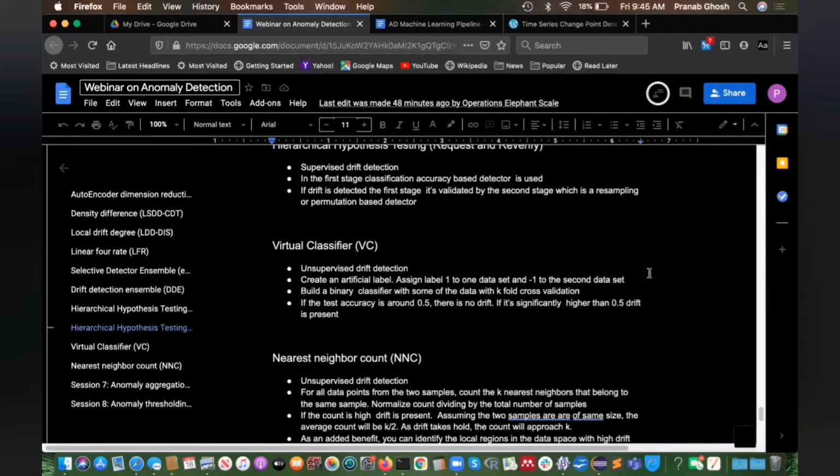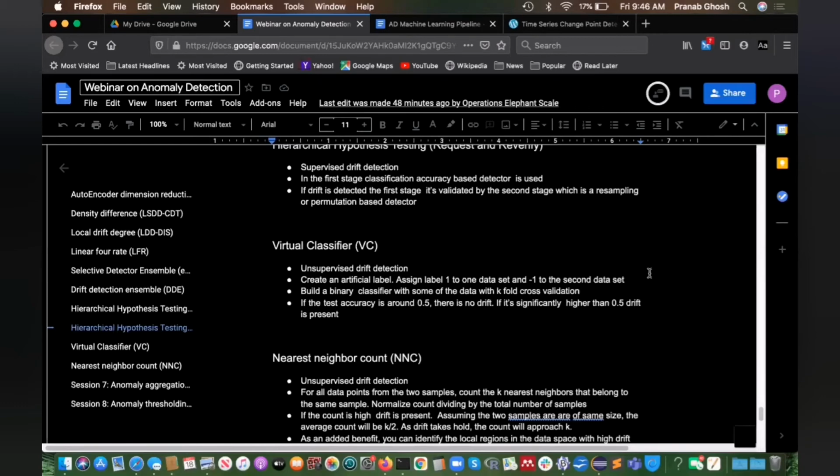You take the data set left of that point and the data set right of that point. Then you create an artificial classification label. For example, you assign 1 to the data set on the left and -1 to the one on the right. So basically you have labeled data, and you can use that as training data to build a classification model.